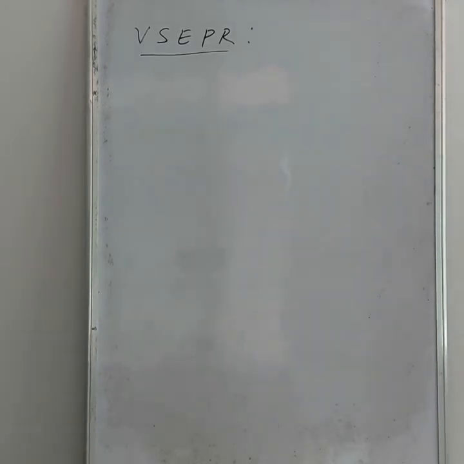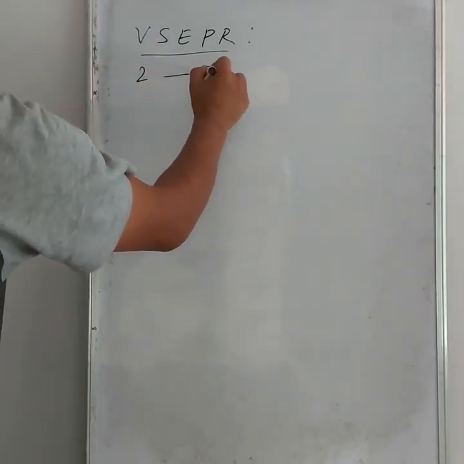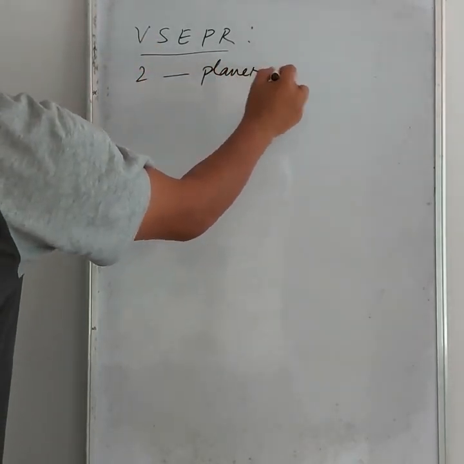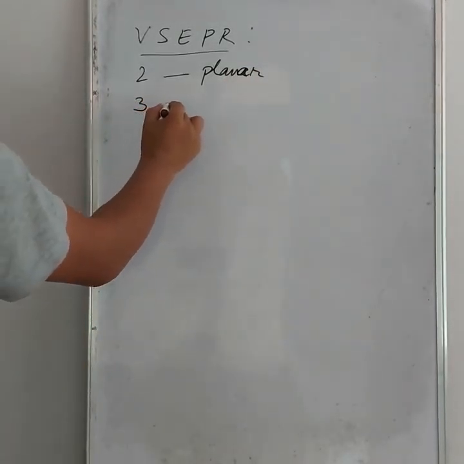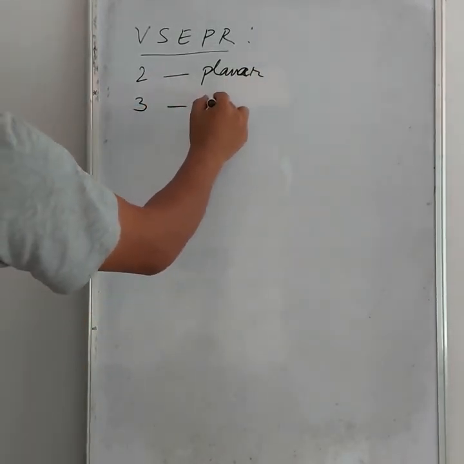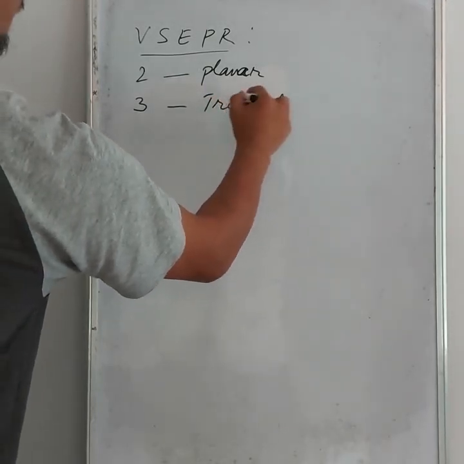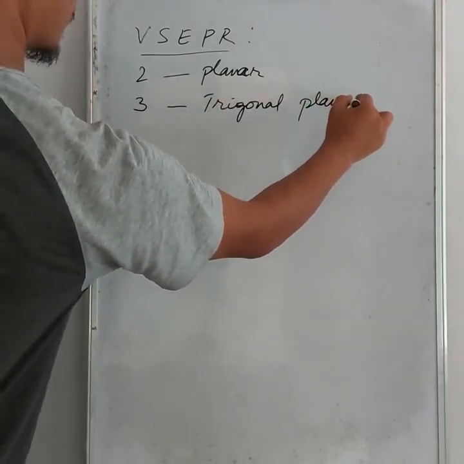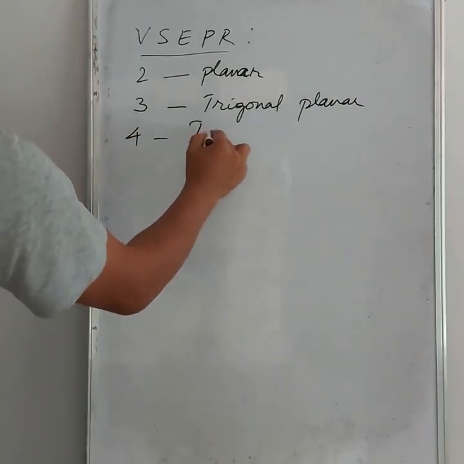It's given even in your book. According to VSEPR theory, if there are only two valence electron pairs, then the molecule is linear. If there are three, then it will be like a triangle, or trigonal planar. If it is four, as we have now seen, it's tetrahedral.